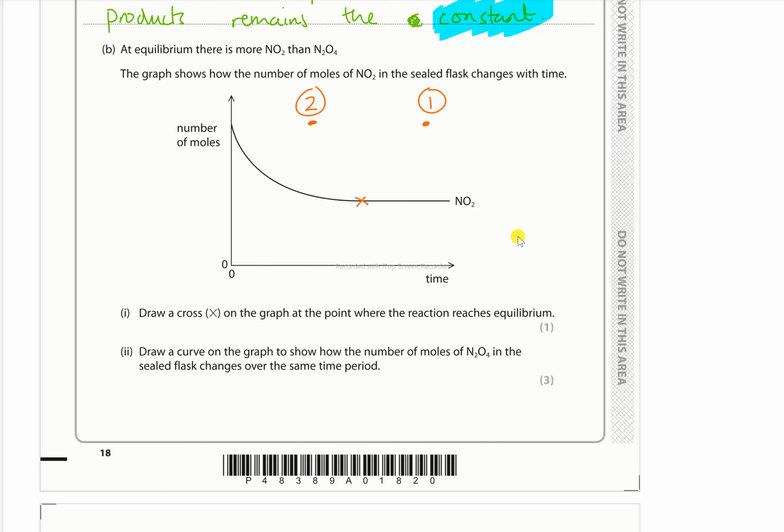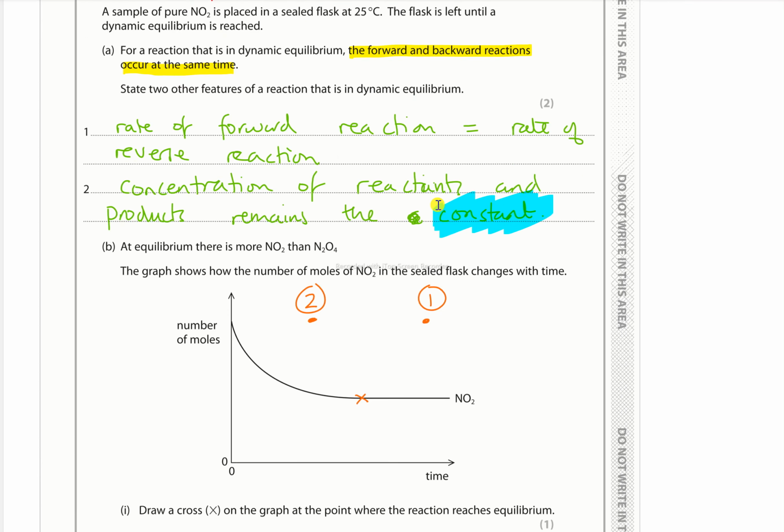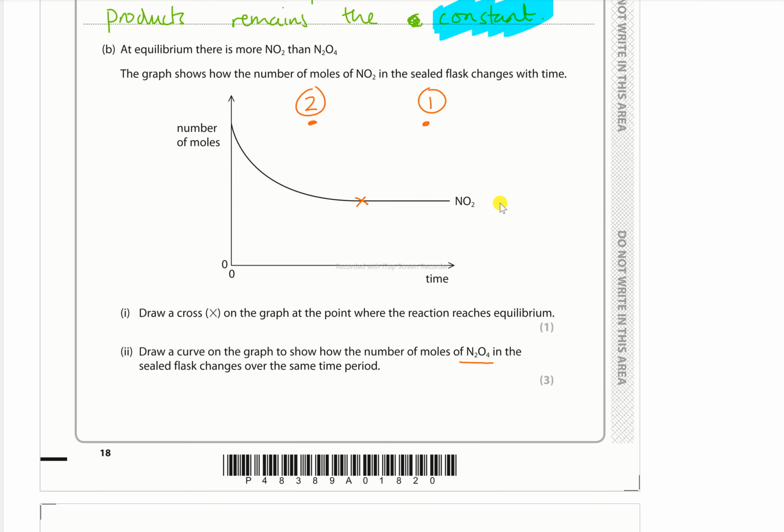So draw a curve on the graph to show the number of moles of N2O4. When you start, there's no moles, and as time progresses, it levels out and then it stays constant. It's going to be less steep than this. If you drop 2 here, you're going to only pick up 1 there. But as long as it's below and then it levels out, it's alright.